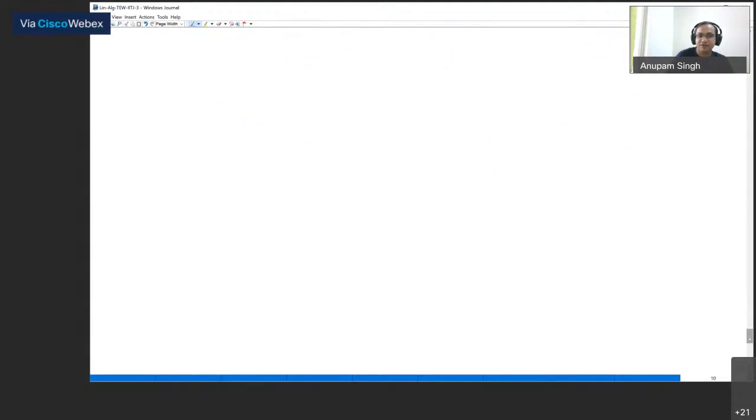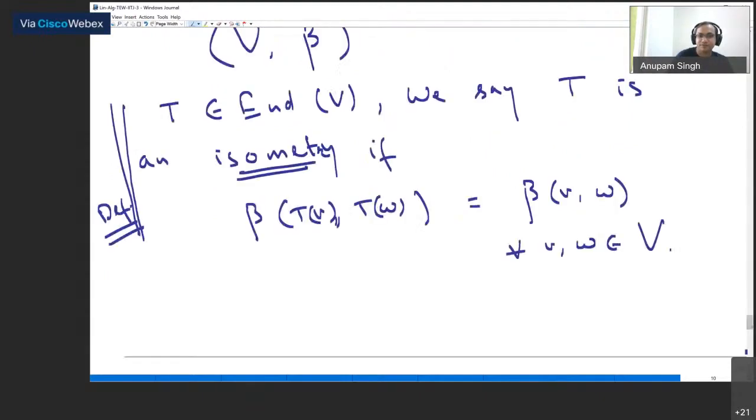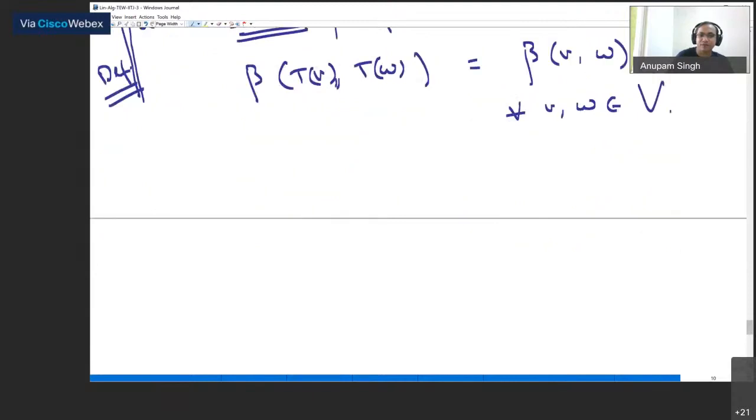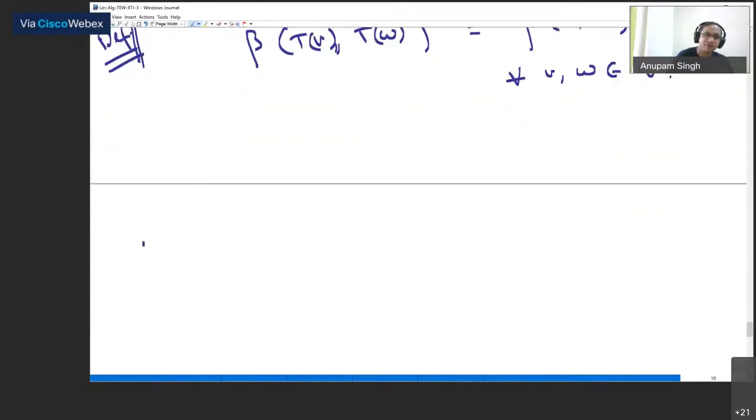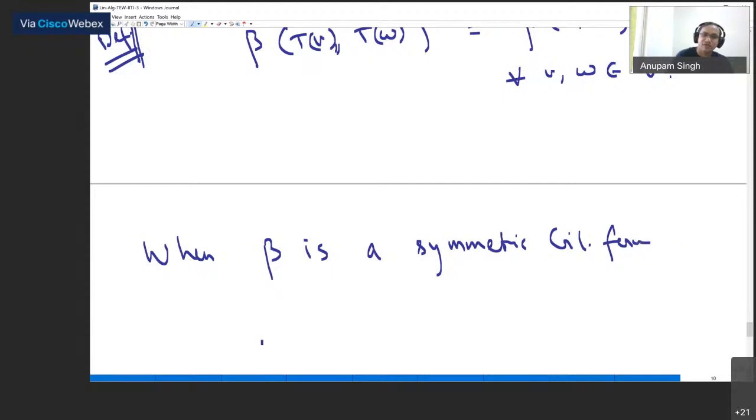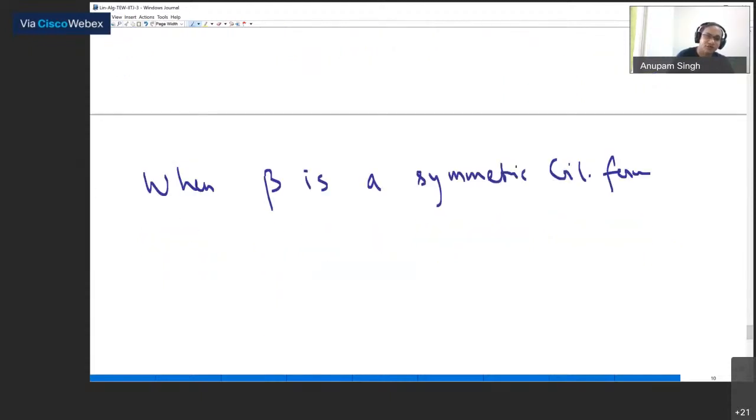When beta is a symmetric bilinear form, we will collect all such isometries and it gives me what is called the orthogonal group. So I'll denote it by O(V, beta).